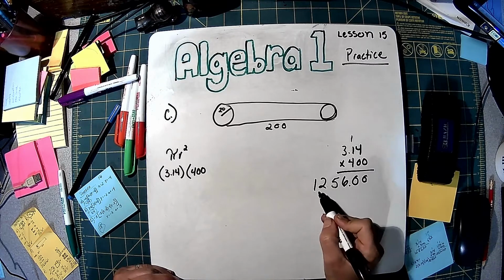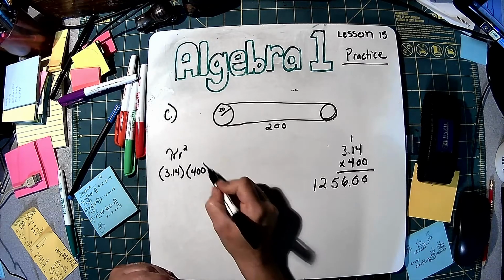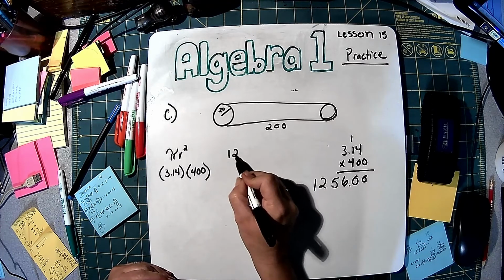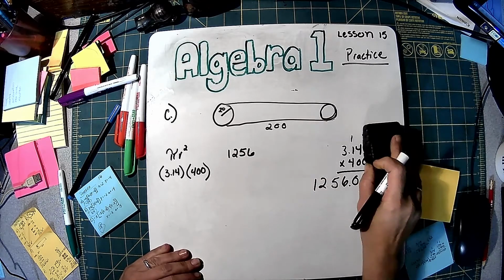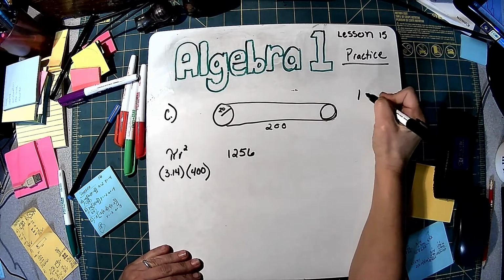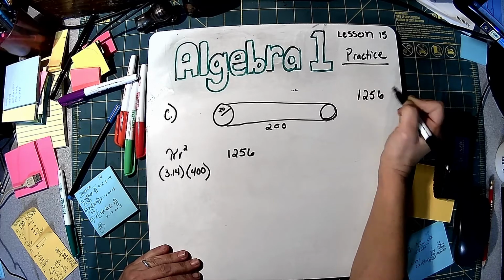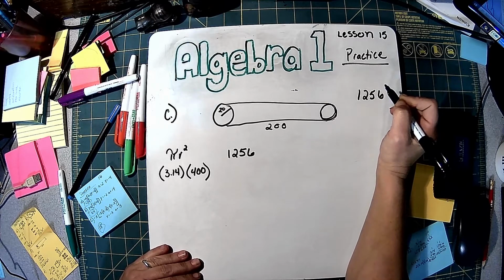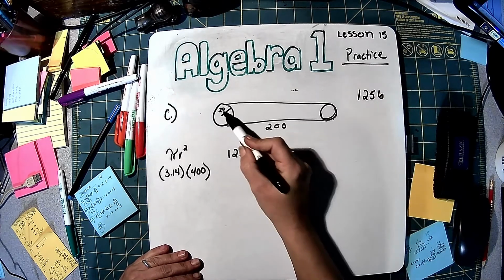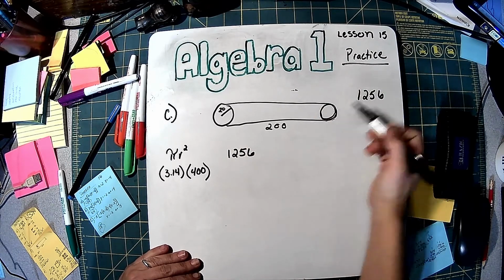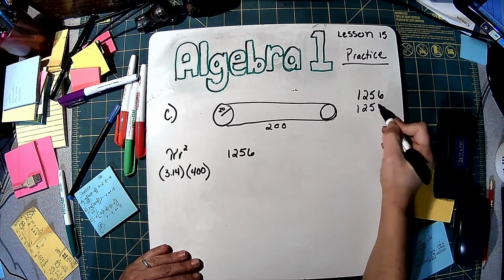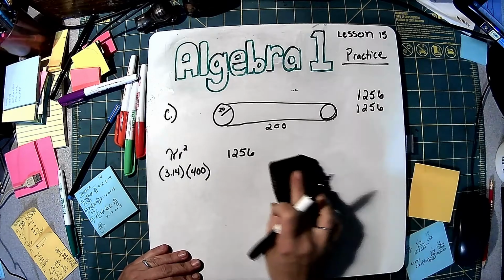And that is 1,256. I'm going to put these over to the side. So 1,256. And then we're going to have, that would be this end. And then this end is also going to be 1,256. Alright. So those are two ends.